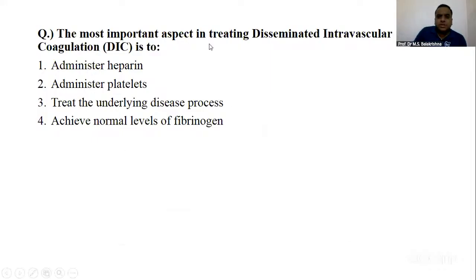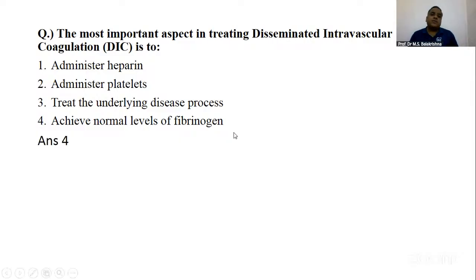The most important aspect in treating DIC is what? So that is nothing, address the platelets, treat the underlying disease process, and achieve normal level of fibrinogen. So that is more important.